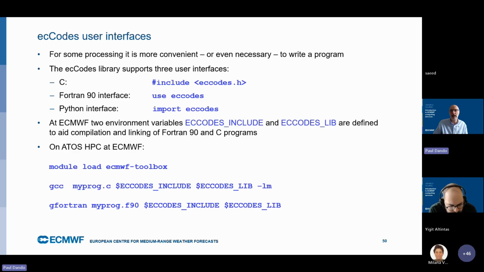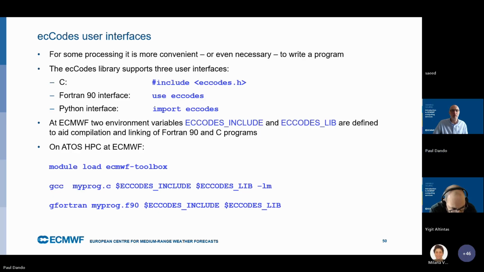And that takes care of making sure that all the linking of the shared object libraries is done correctly, so that you don't have to worry about that and you don't start messing around with the LD_LIBRARY_PATH in order to get your codes to run. And similarly with Fortran, you can use it with gfortran, or if you're in the Intel compiling environment, you can use it for that as well. But with gfortran, again, you just use ecCodes_include and ecCodes_lib, and that's how you use them.